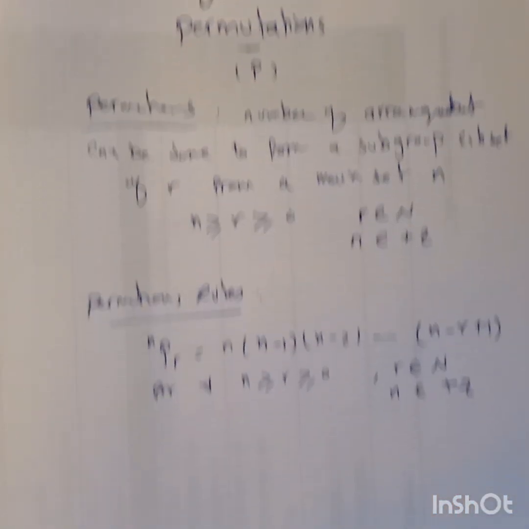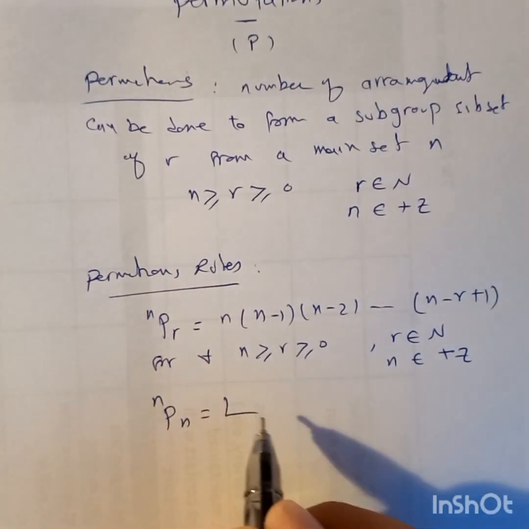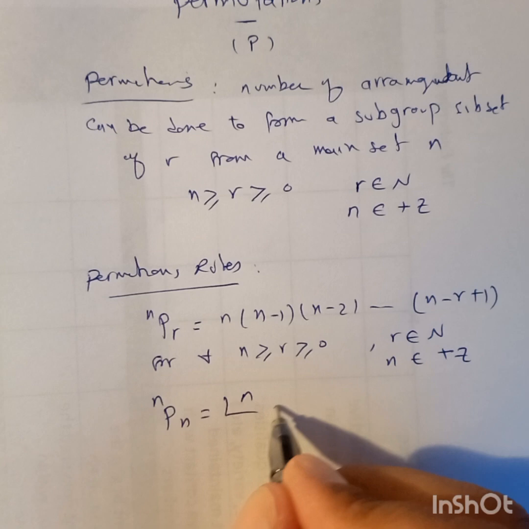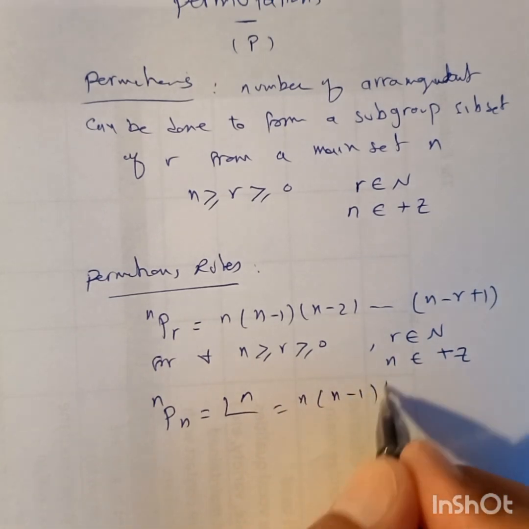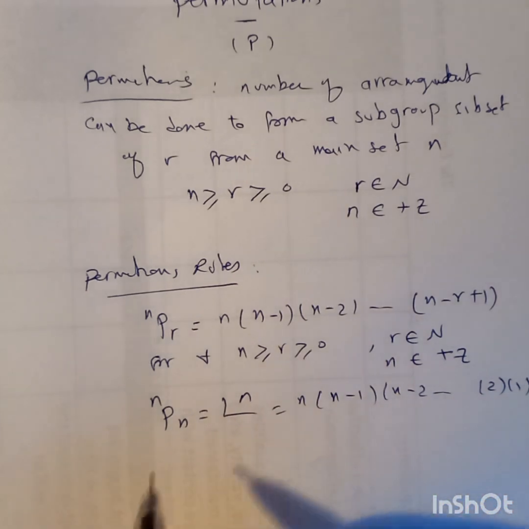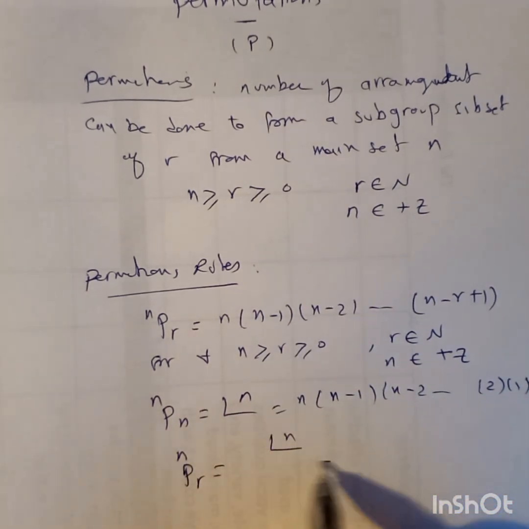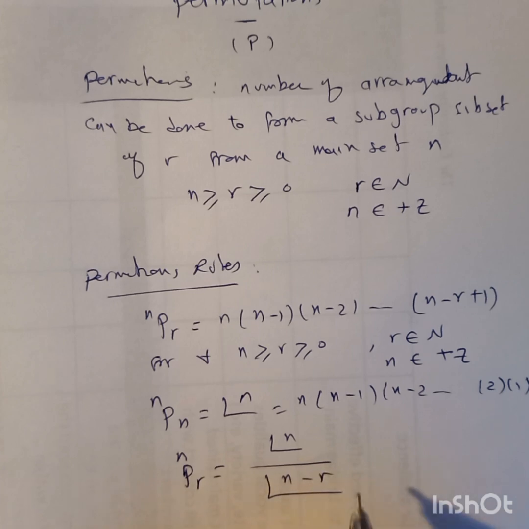Also we have this rule, nPn equals factorial of n. This equals n times n minus 1 times n minus 2 and so on until 2 and 1. We have nPr equals factorial of n divided by factorial of n minus r.